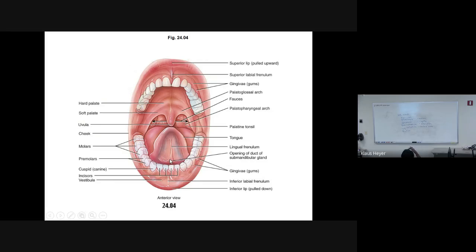These things are called frenulums, like that thing underneath your tongue. You've got another one on your lips. That's just FYI, I'm not going to ask you about it, but we call those frenulum.